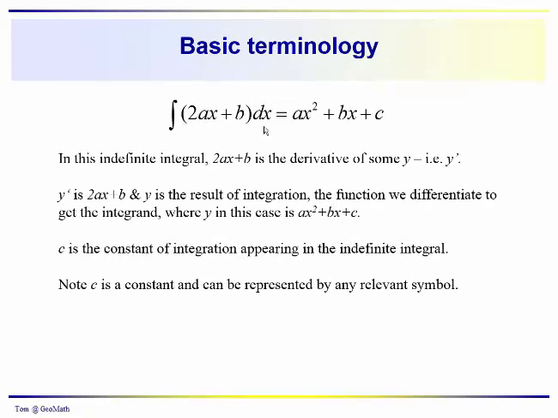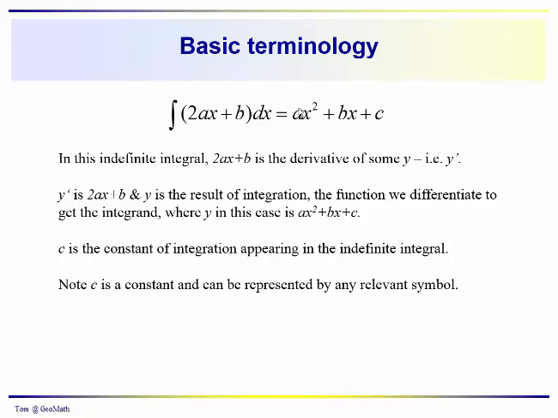So in this equation up here, we have the integral of 2ax plus b with respect to x. We know that that's equal to the quadratic ax squared plus bx plus c. We know that this is an indefinite integral. We know that 2ax plus b is the derivative of some y.